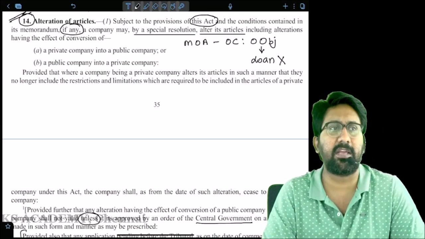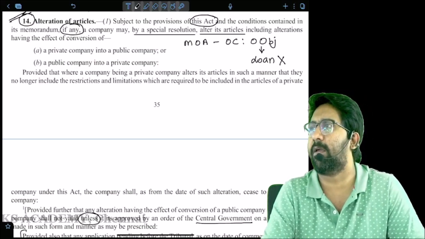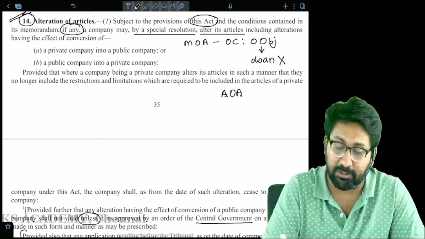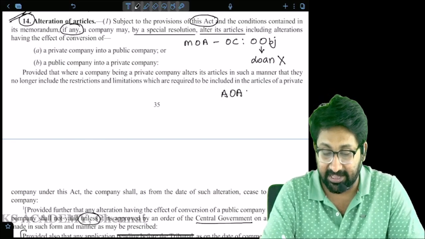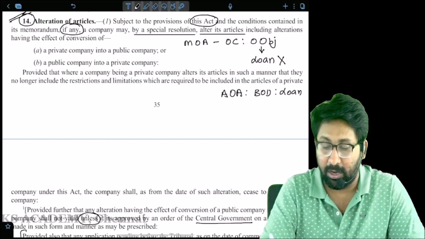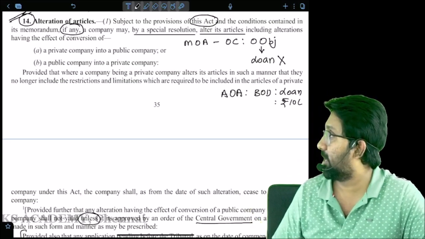That means loan taking is not within the powers of the memorandum of a particular company. Clear everyone? I am now trying to make the alteration to the articles saying that board of directors of the company can take a loan up to rupees 10 lakhs. Now answer my question clearly.